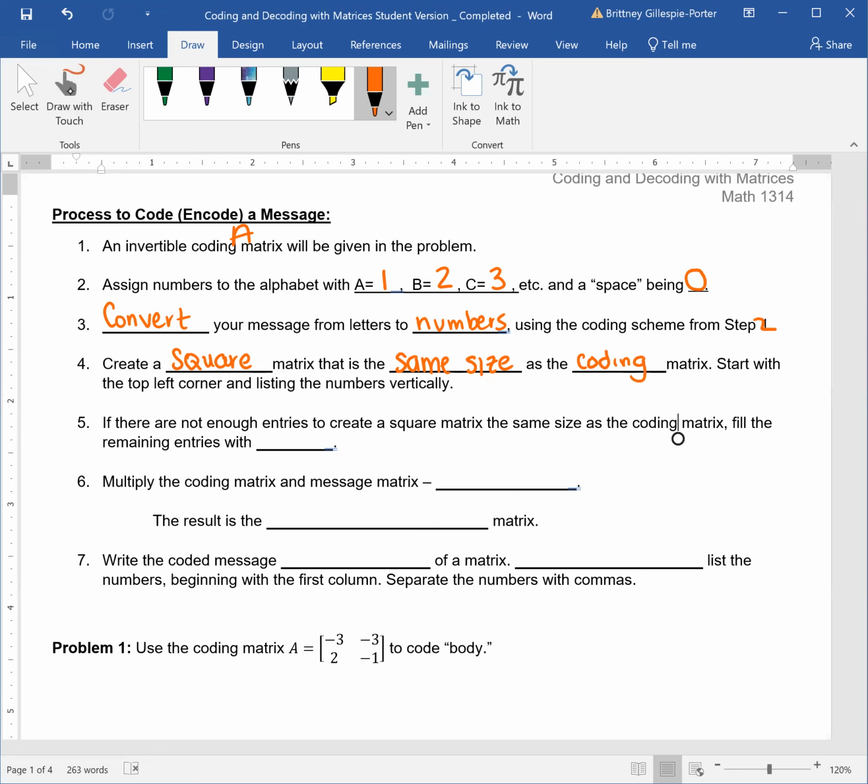You can start with the top left corner and list the numbers vertically. If there are not enough entries to create a square matrix, you're going to fill the remaining entries with 0. You're going to multiply the coding matrix and the message matrix in that order. And the result is the coded message matrix.